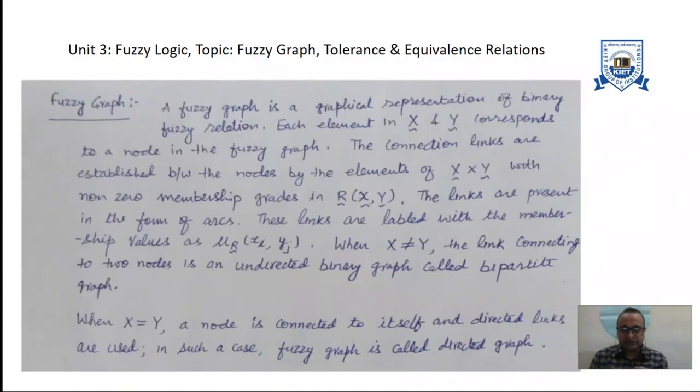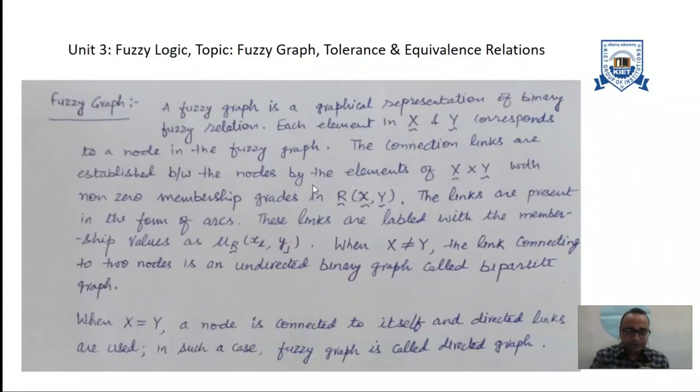So here the space is x cross x, and we may have a different scenario where we are having two different universes of discourse, and there is a mapping between the elements of the first universe and all the elements of the other universe. That kind of mapping, that kind of relationship is also known as the binary fuzzy relationship. So we are saying that a fuzzy graph is the graphical representation of the binary fuzzy relations.